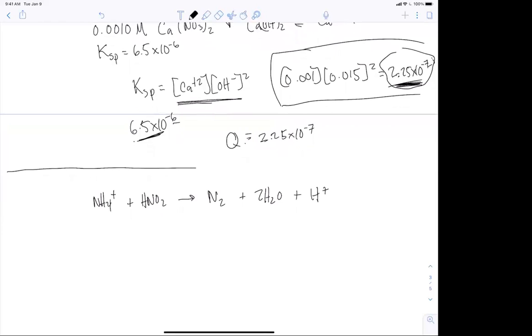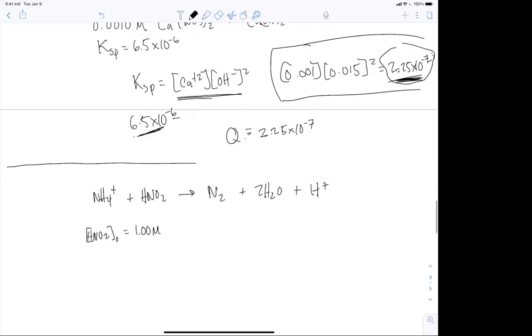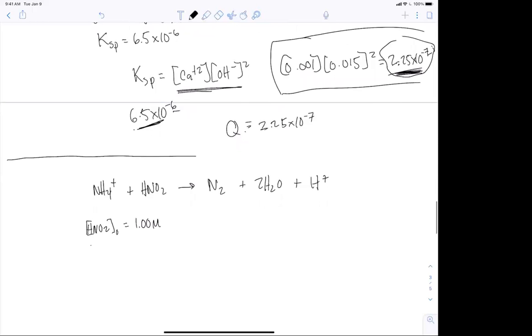They're asking you to calculate, I guess it's sort of like the instantaneous rate. We've got initial concentration of HNO2, one molar. And then after some amount of time, I'll just call that T, it falls to 0.82 molar. And T is equal to 28.8 seconds.